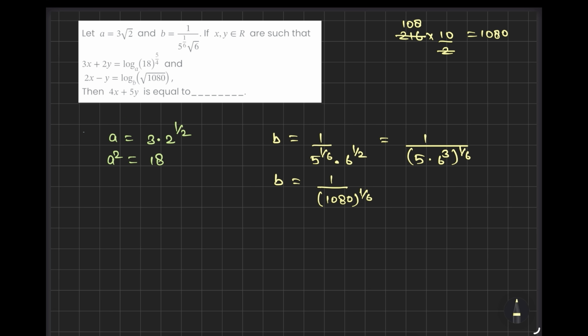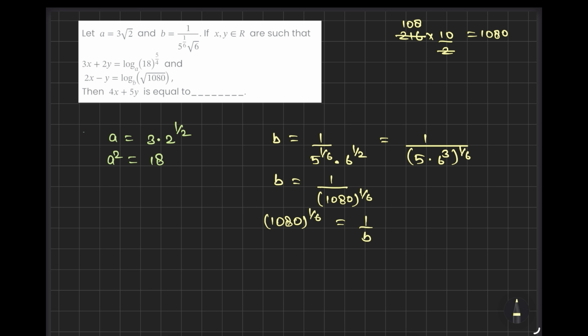So I will take this on the numerator, and it will become 1080 power minus 1 by 6. Or else we can do this: 1080 power 1 by 6 is equal to 1 by b.